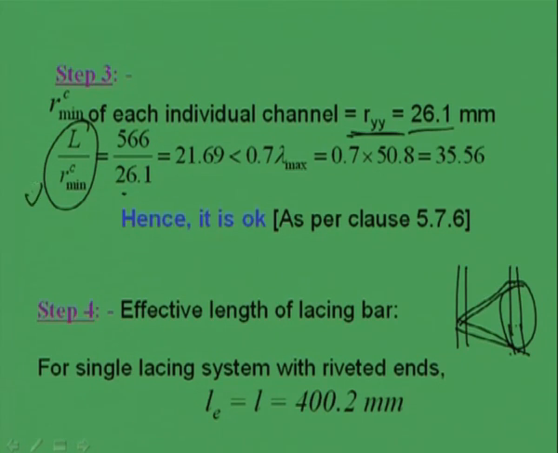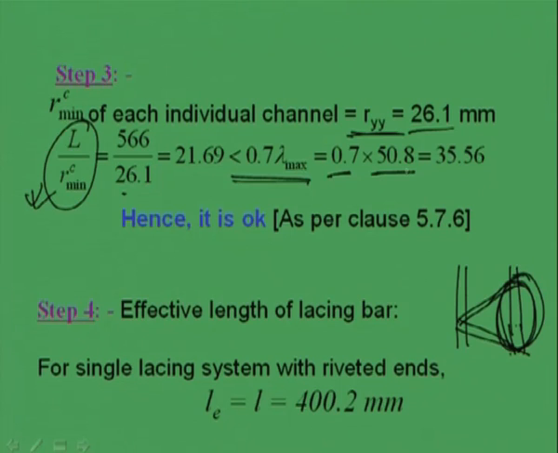From this, the radius of gyration of this portion, we can ensure through this equation that L by RC minimum should be less than 0.7 into lambda max, as per the codal provision. Lambda max we got already earlier, lambda max was 50.8.